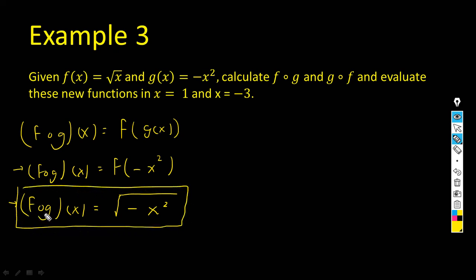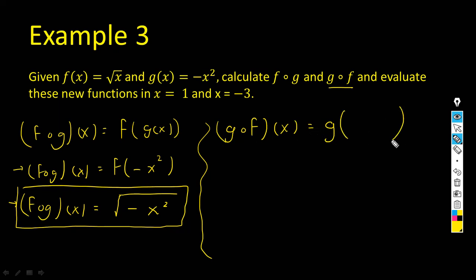Or f composed with g of x, or f circle g of x, is equal to this. Now let's calculate g composed with f. G composed with f of x is by definition g evaluated in f of x. So I keep on working. What is f of x?